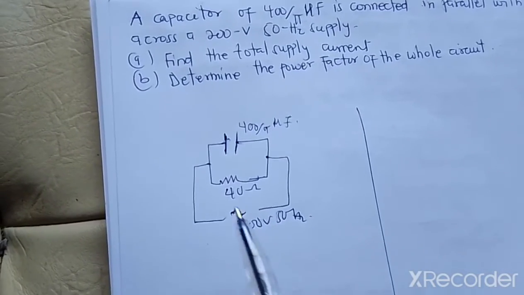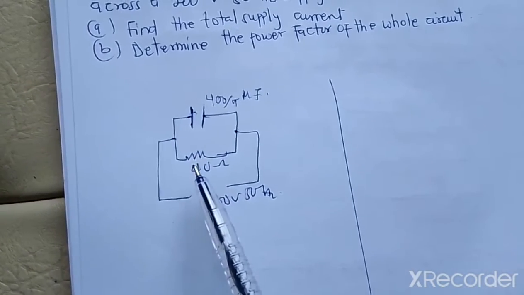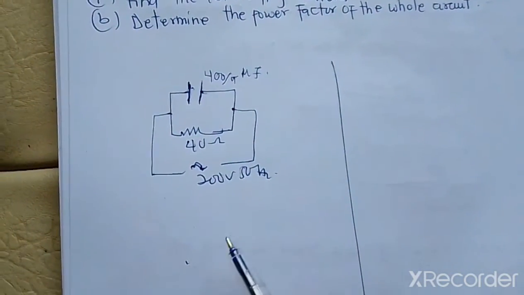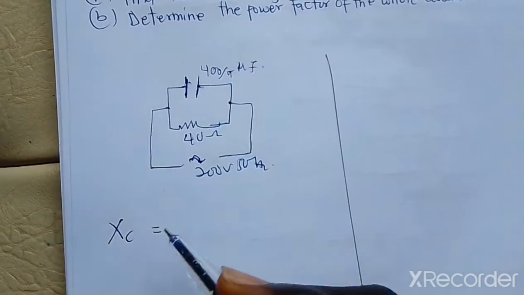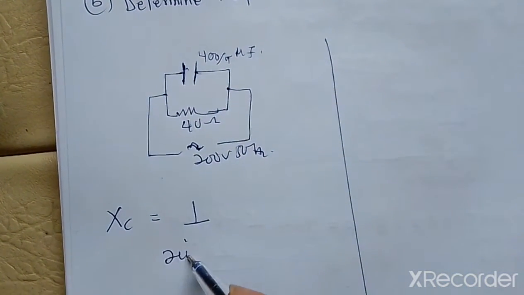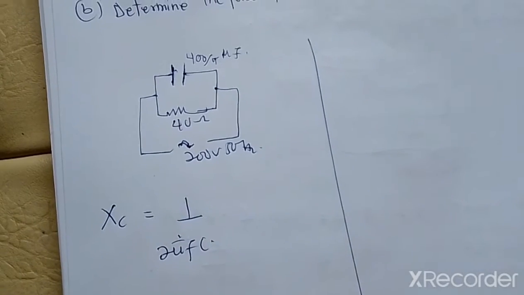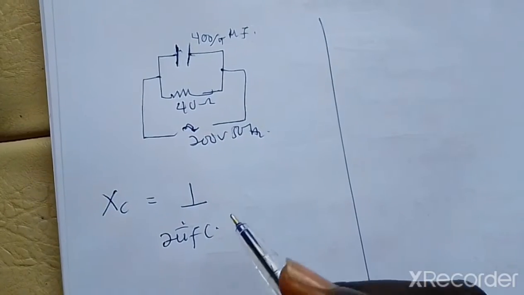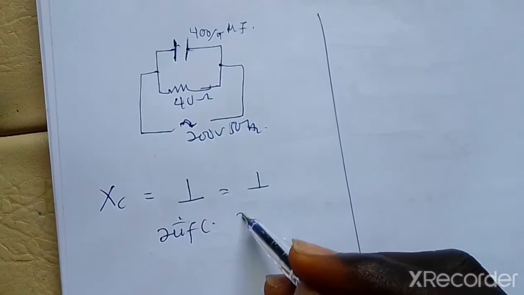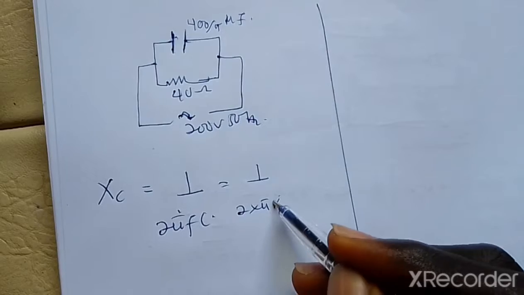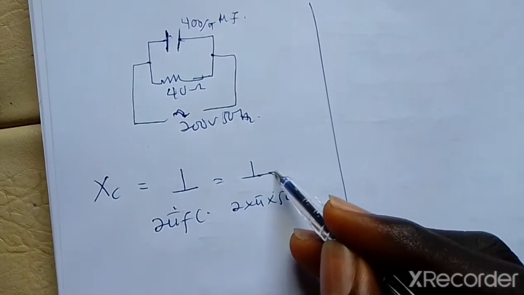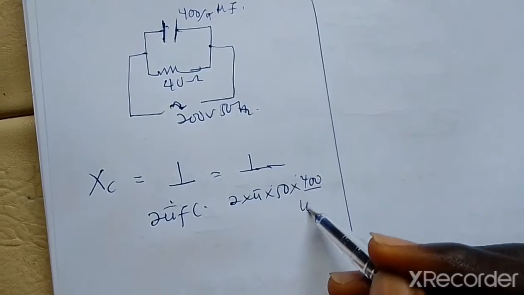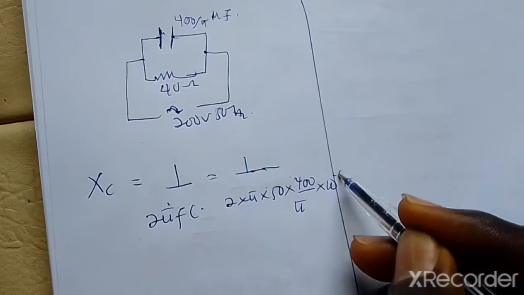We are supposed to convert the impedances into the complex notation so that we can simplify it easily. To do that, we have to find the capacitive reactance, which is equal to 1 over 2 pi f C. When you find the capacitive reactance, then you convert it to the complex mode. So this is the same as 1 over 2 times pi times 50, but our C is equal to 400 over pi, times 10 to the power negative 6.